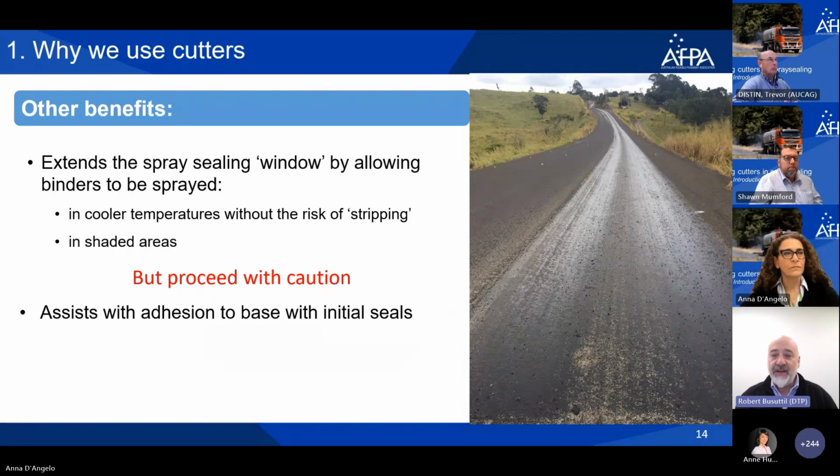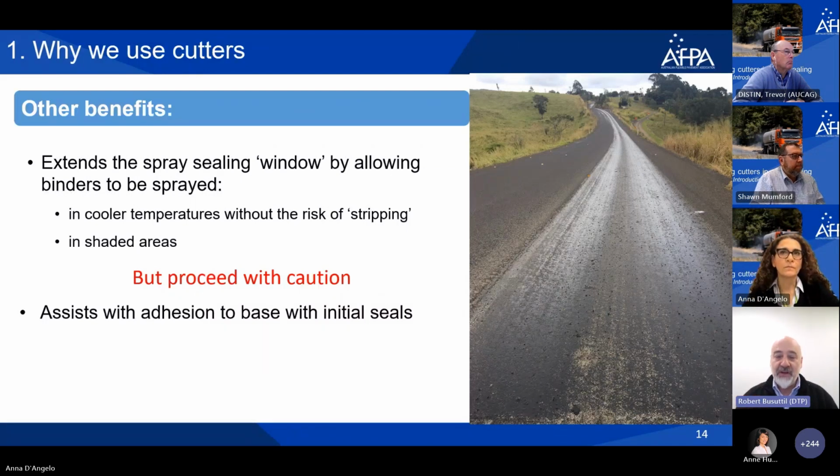As I said, ideally we should be trying to aim to do sealing in summer, because that means we can use very little or no cutter. But obviously, practicalities are that sometimes we have to do sealing later in the season, when temperatures are getting cooler. So we add a little bit of cutter to basically assist with that aggregate adhesion, as I was saying before.